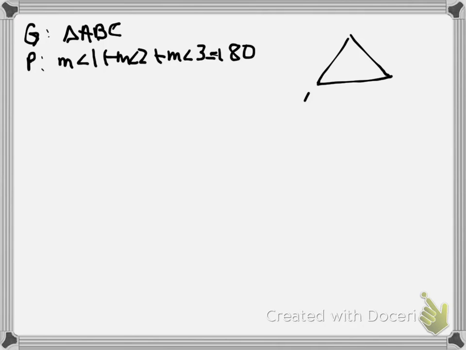So here's our triangle A, B, C. And in this triangle are our angles 1, 2, 3. So as you can see, there's nothing here for us to use as a proof, right? So that's when we see an auxiliary line added.